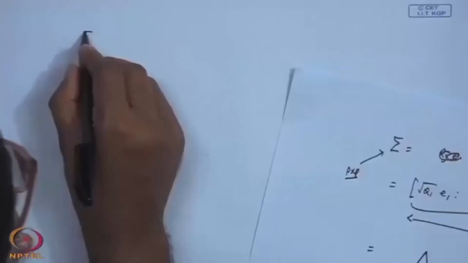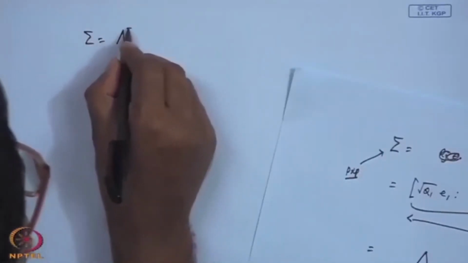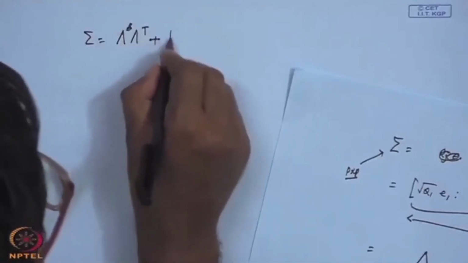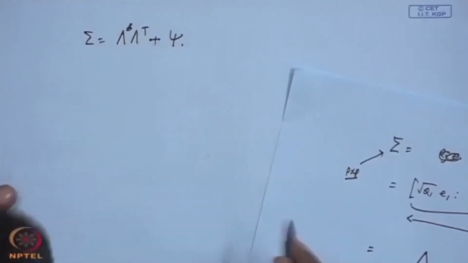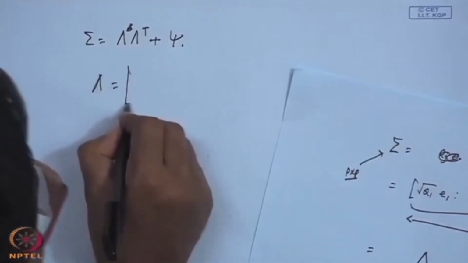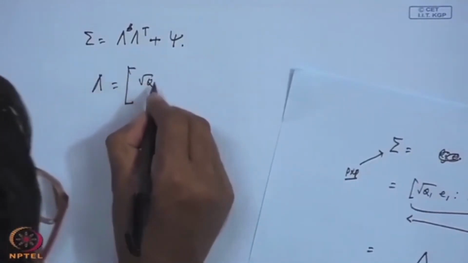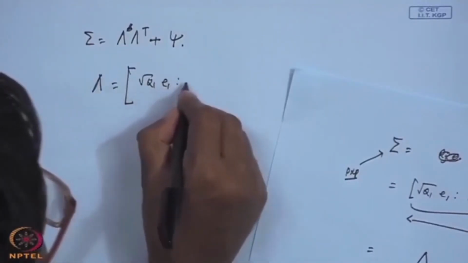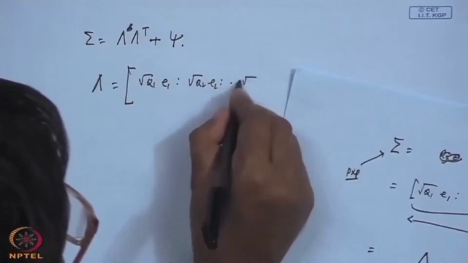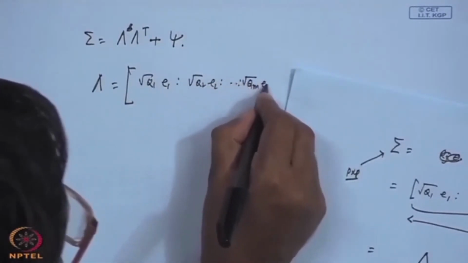So we are now making a little manipulation here. What we are saying is that I want to write sigma equal to lambda lambda transpose plus psi, where this lambda 1 is nothing but we are considering root q1 e1, root q2 e2, so ultimately root qm em.